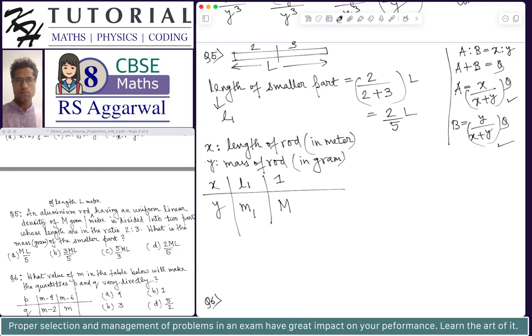Now I can say that L1 by M1, the ratio of the corresponding values, is a constant.